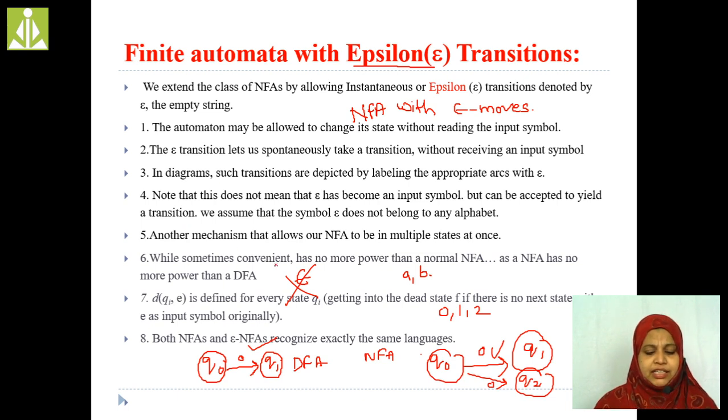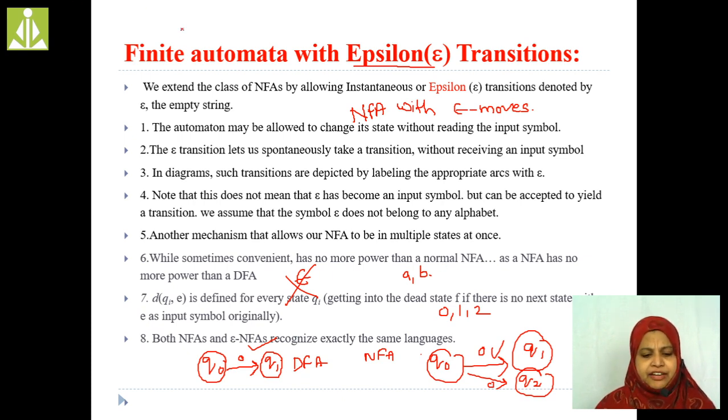right? Generally, comparing DFA, NFA and NFA with epsilon moves, DFA is more powerful, and the NFA with epsilon moves is no more powerful than the normal NFA.